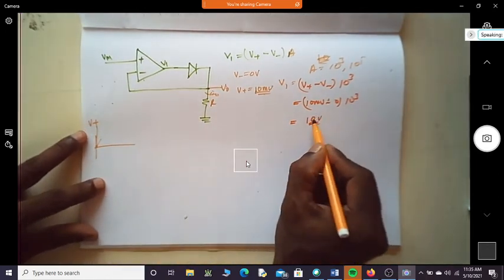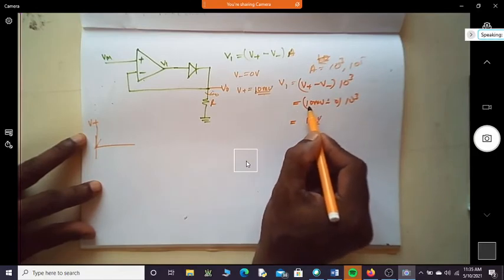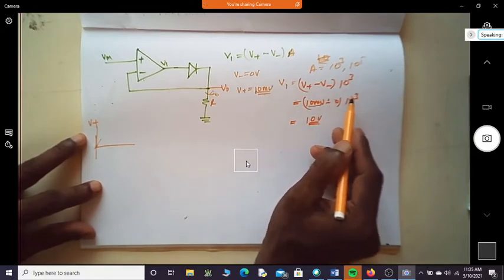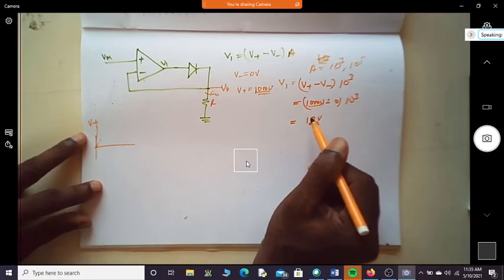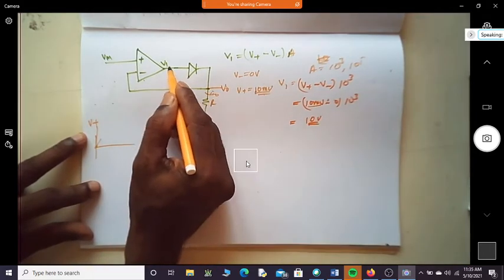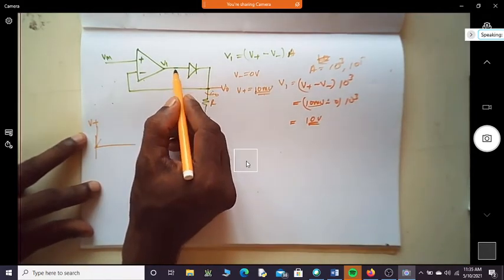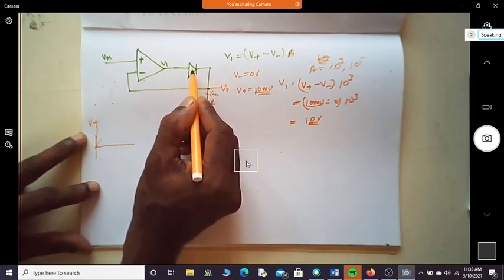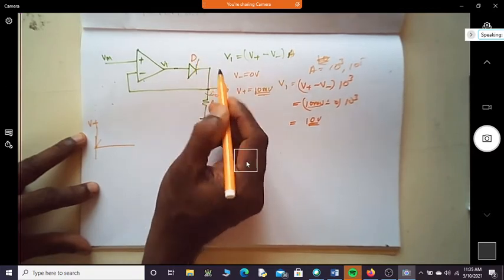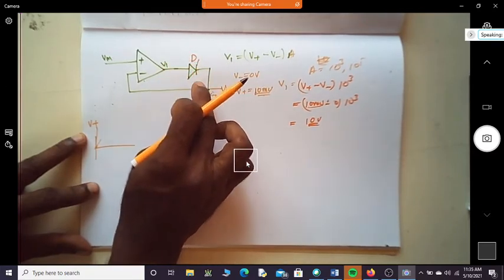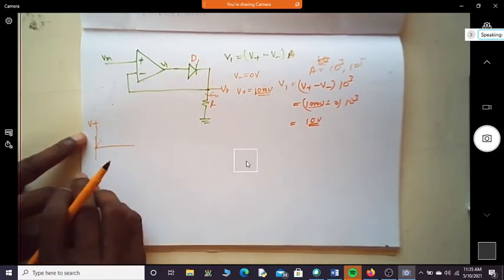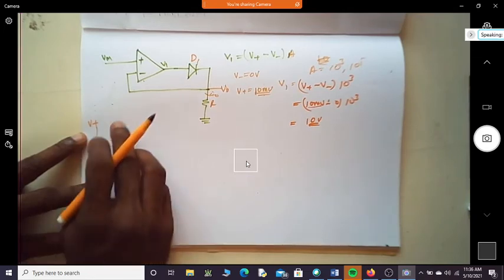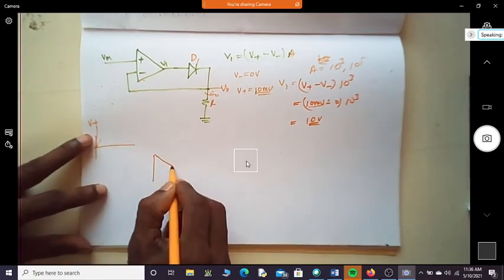So is that okay? The moment input voltage is at 10 millivolt, since the gain is 10 power 3, will it become 10 volt at this point? So once it is more than 0.7, will this conduct? So once it conducts, can you see this is becoming a closed path? Then what is this circuit then?